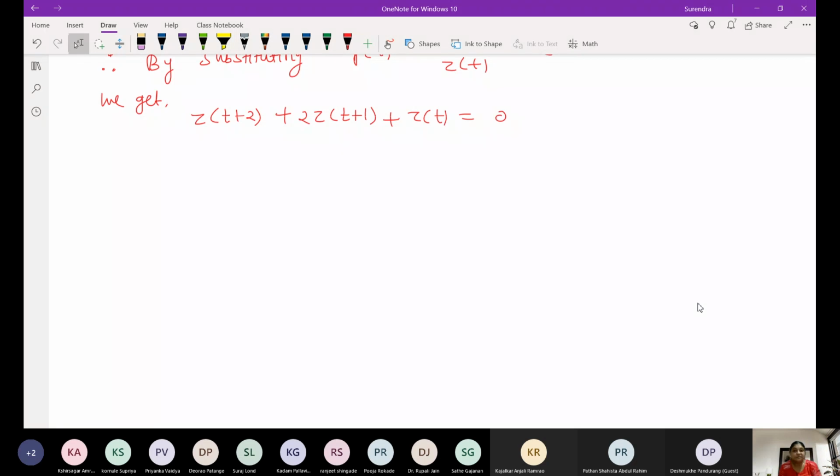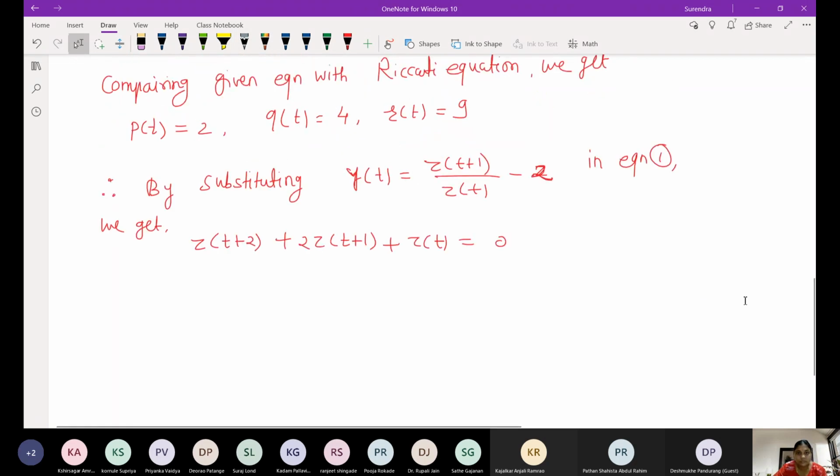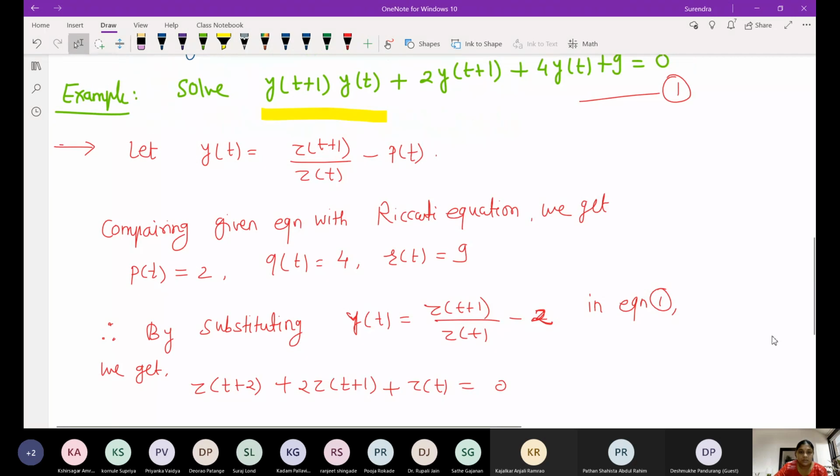Check this. If I substitute y t is equal to this in equation 1, I will get this one. Check this.